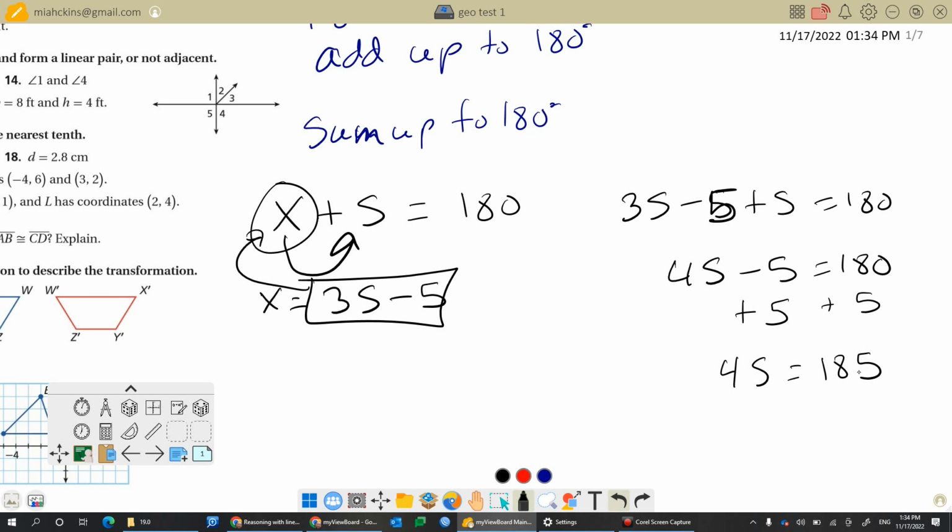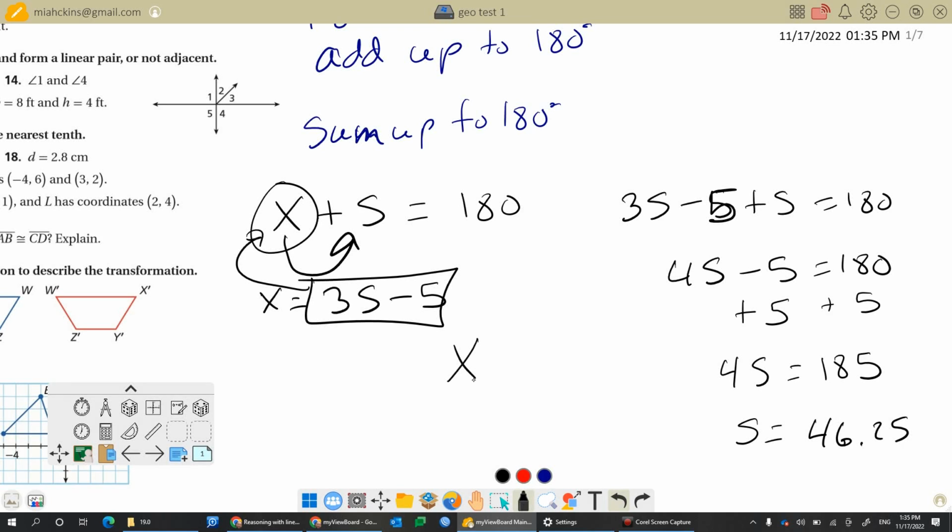And then what do we do here? We are going to divide that by 4. So 185 divided by 4 gives us that s is equal to 46.25. And so if s is 46.25, what is x?